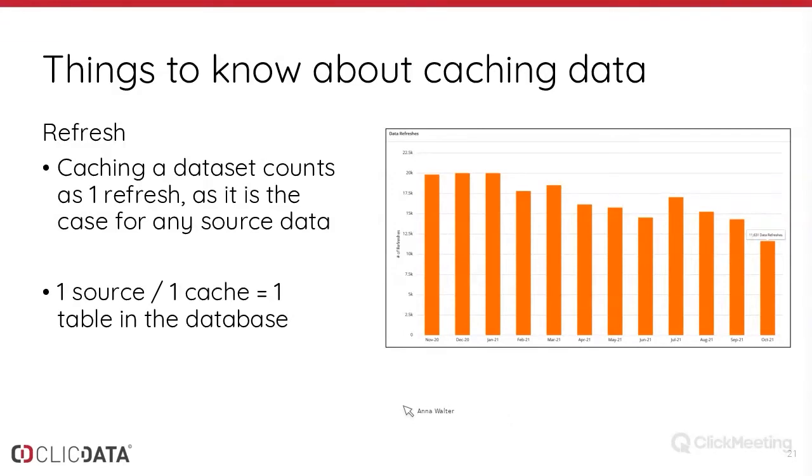It's the same for a cache data set because it's a table in the database. So the table is updated and that is a refresh as well. You can follow your refreshes across your whole account in your admin settings section, and you can see how many data refreshes were consumed every month. This is the kind of graph you will get.